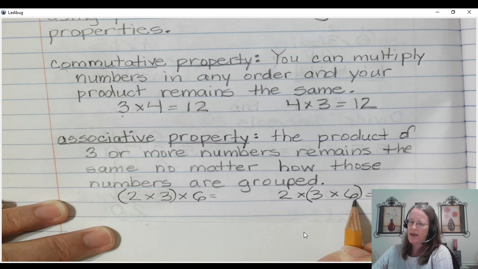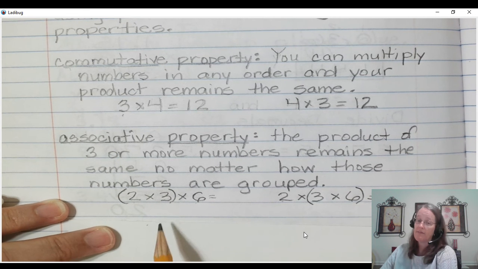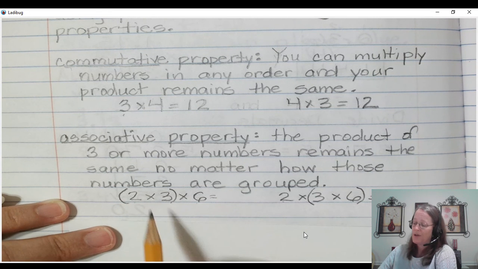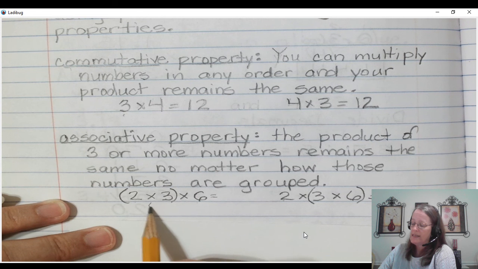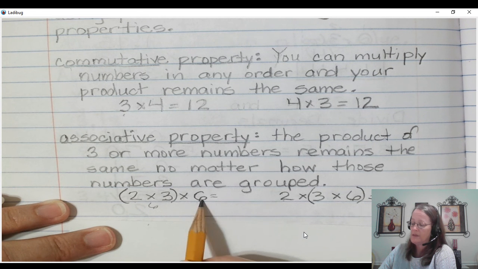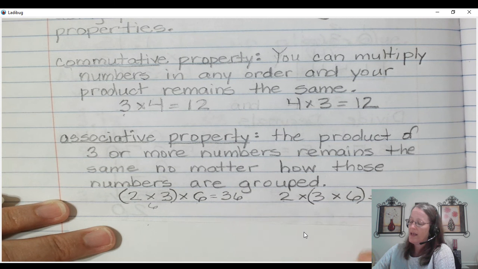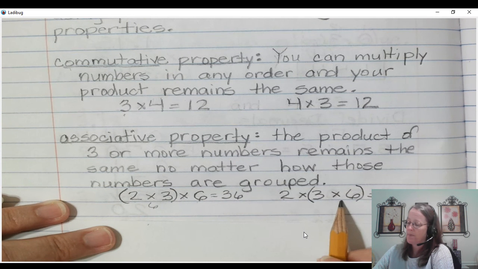And watch what happens. We have not even talked about this really yet, but in the order of operations, you do what's in parentheses first. 2 times 3 is 6, and 6 times 6 is 36. In this problem, we would do 3 times 6 first.